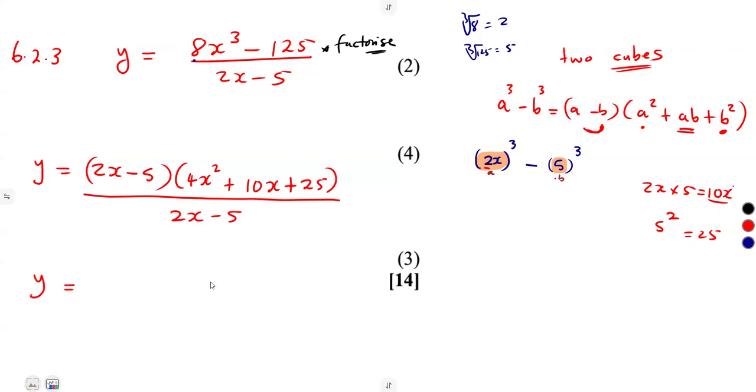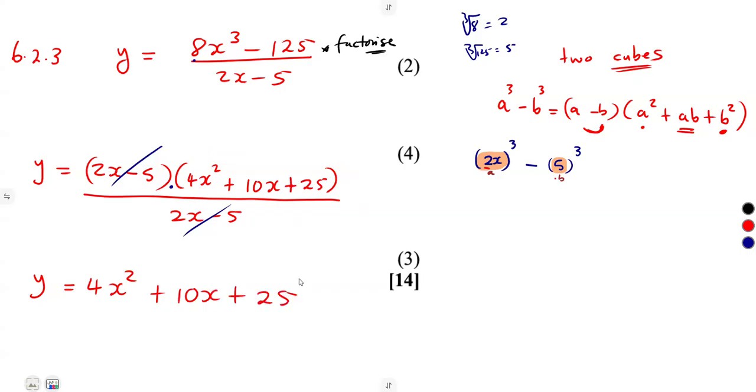So guys, we can see that the denominator, 2x minus 5, is the same as the first bracket, 2x minus 5. So these two can cancel since there's a product. So you will be left with this bracket. We haven't started differentiation, we are still simplifying.